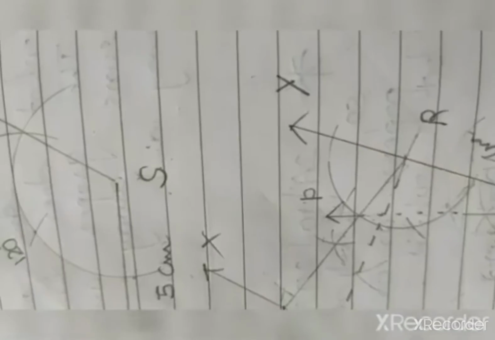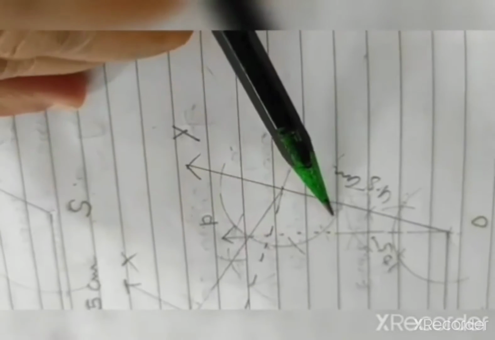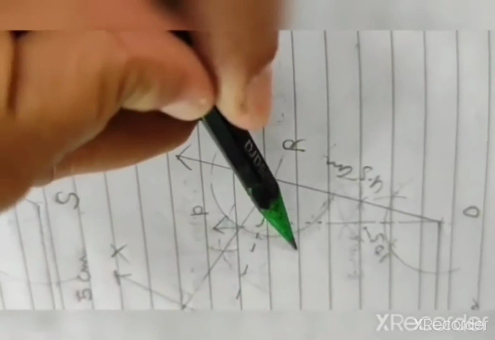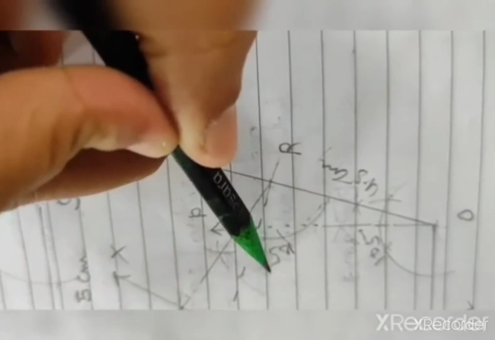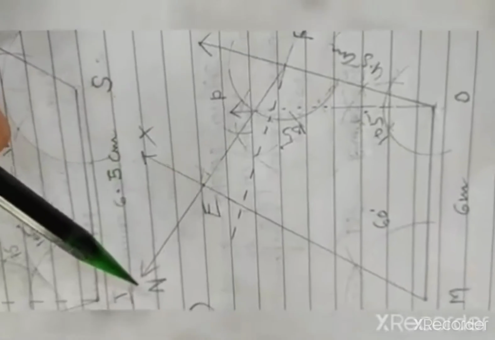Extend it and extend it. The intersecting point you will get, and you will get the complete quadrilateral. Okay. So when you draw half of this, you will get 15 degrees. So 60, 90 and 15, you will get the complete 105 degrees. Now what you will do, you will extend this ray.